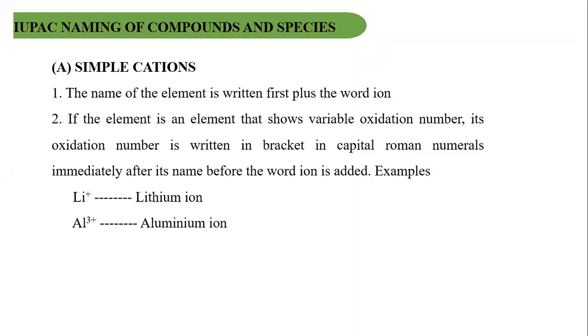Let me take it again. If the element is an element that shows variable oxidation state, variable means not fixed, changes. If the element's oxidation number is not fixed, then that element's particular oxidation number at that particular time in that particular compound must be written in brackets in capital Roman numerals immediately after the name of the element before you add the word ion.